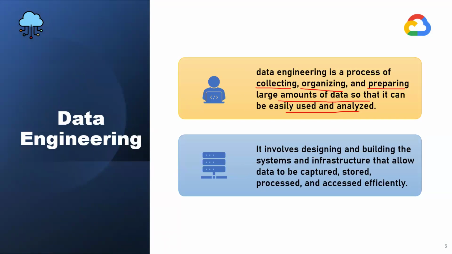In this process, we design or build the systems and infrastructure that allow the data to be captured, stored, processed, and accessed automatically and efficiently. I hope it is a little bit clear to you guys. In our upcoming sessions, while we are working on each and every end-to-end pipeline, it will be even more clear.